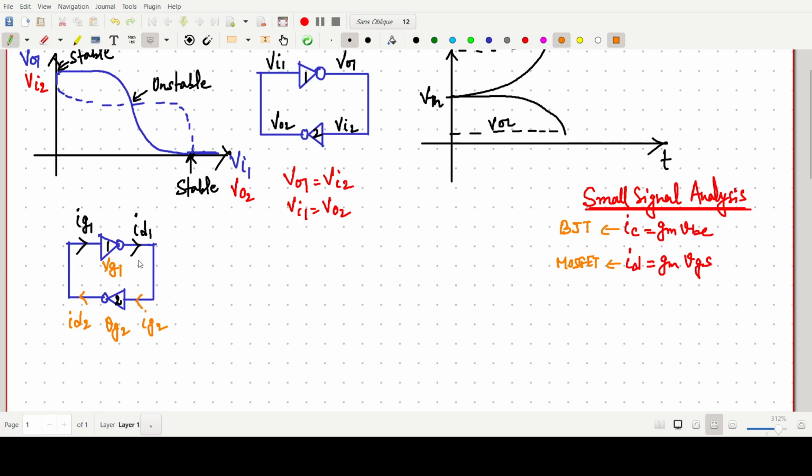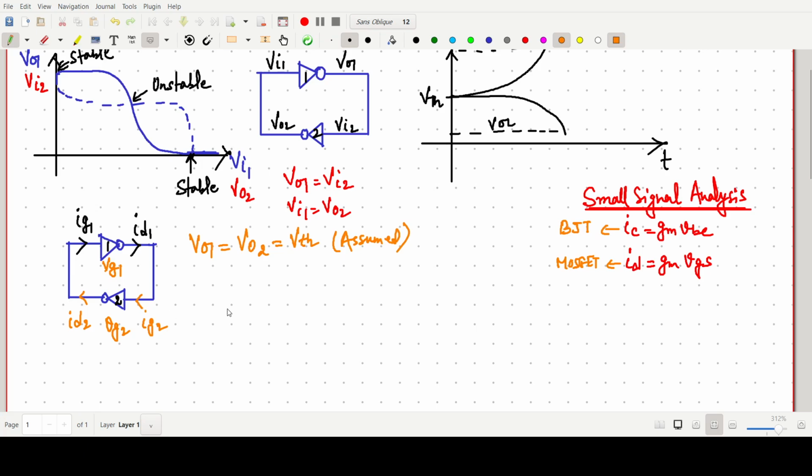So the very first thing is we have to consider the bistable circuit. This is the bistable inverter based circuit, which is initially operating at the unstable point. So we are saying that initially V naught 1 and V naught 2 are at VTH. We have assumed this.